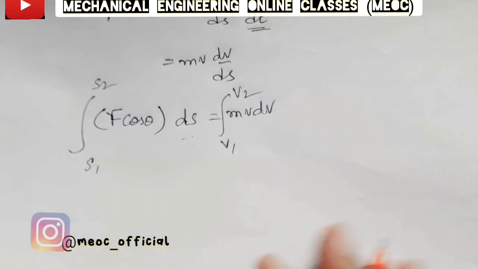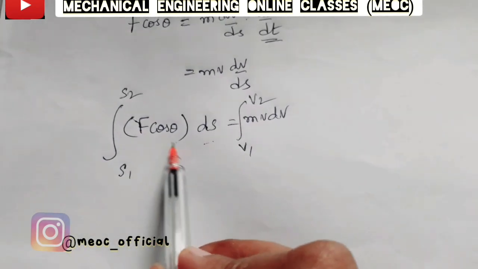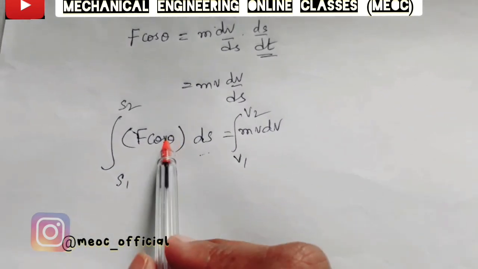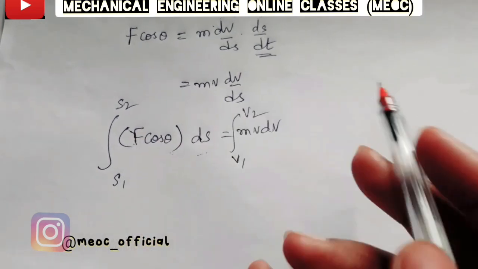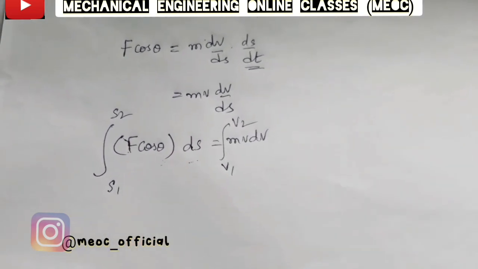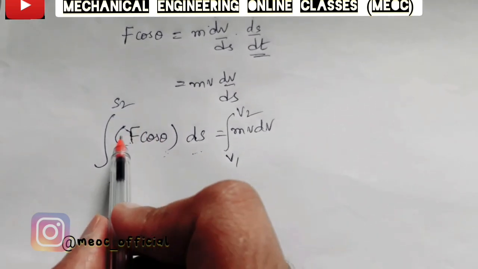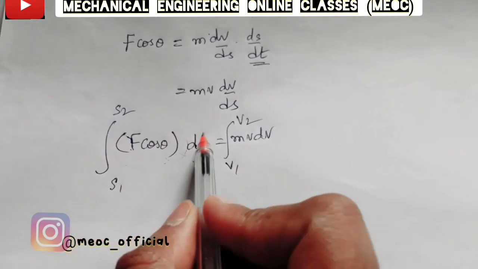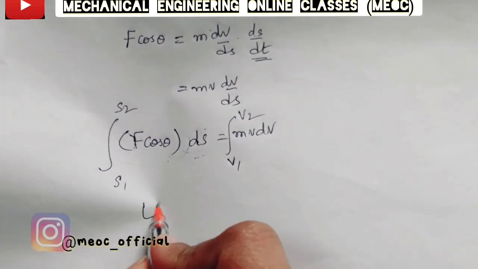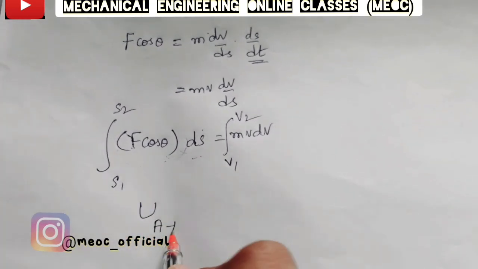We are integrating this. F cos theta is the force that is responsible for the travel along the direction of motion, and ds is the displacement. So this is nothing but force times displacement, that is work done, U, from position A to B.